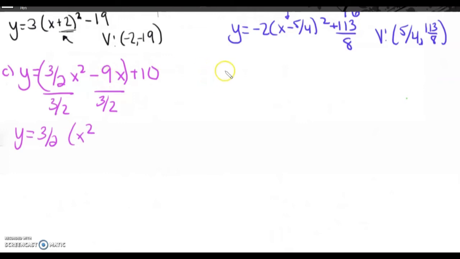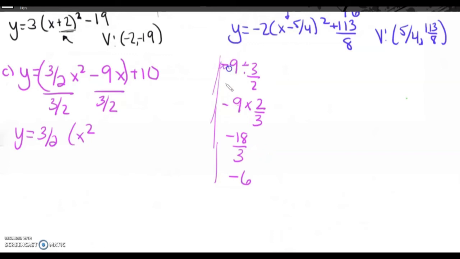Now, if you don't know what negative 9 divided by 3 over 2 is, take it to the side of your paper, write it beside each other, and we know that we have to flip and multiply this. So I get negative 18 over 3, which is negative 6.